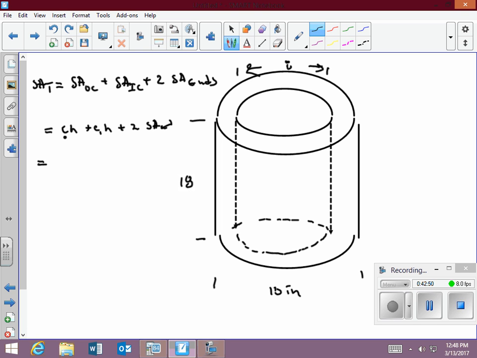So the circumference on the outside is pi times the diameter. So it's pi times 10 times 18. Inside is pi times 8 times 18, and 2 times the surface area of the ends.